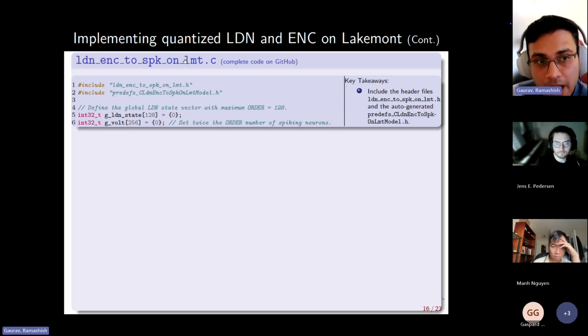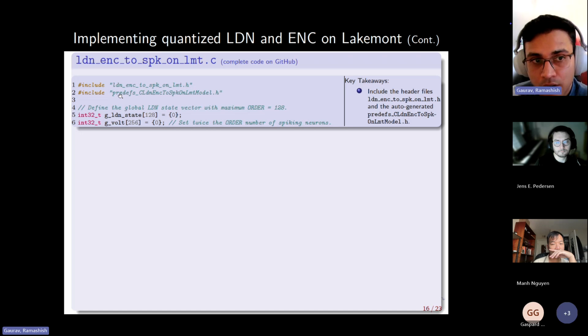And another header file called predefs underscore CLDN encoding to spike on LMT model.h. Your specific C Loihi process model may have a different name, but whatever name it is, you just need to write it down here as well with .h and include both of them.